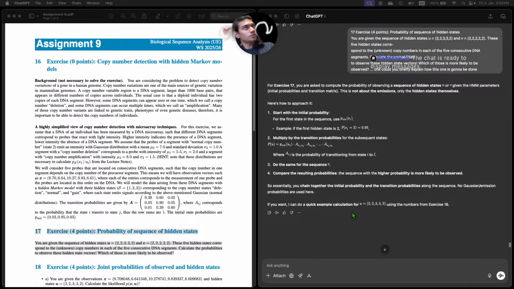Multiply the transition probabilities for the subsequent states. Do the same for the sequence V, U, V. Compare the resulting probabilities. The sequence with higher probability is more likely to be observed. So essentially, you chain together the initial probability and transition probabilities along the sequences. No Gaussian emission probabilities are used here.